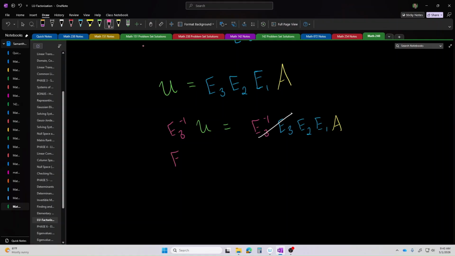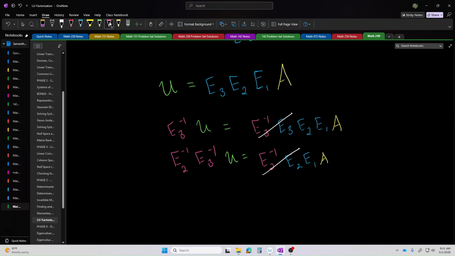Similarly, I can apply E2 inverse on both sides of the equation. And if I apply E2 inverse on both sides of the equation, that's going to cancel the E2 that's currently on the right.